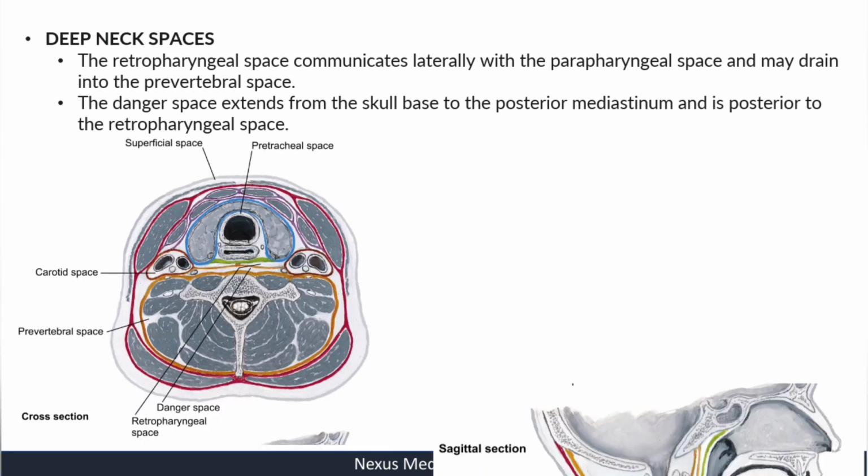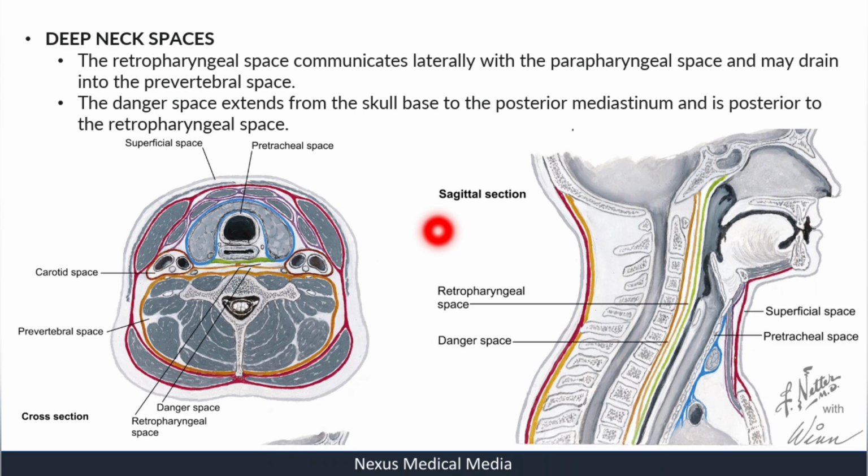Look here, just for orientation, investing fascia. You can see it here. This one is the pretracheal space, the carotid sheath, and here is the prevertebral space, here and here, and the danger space.